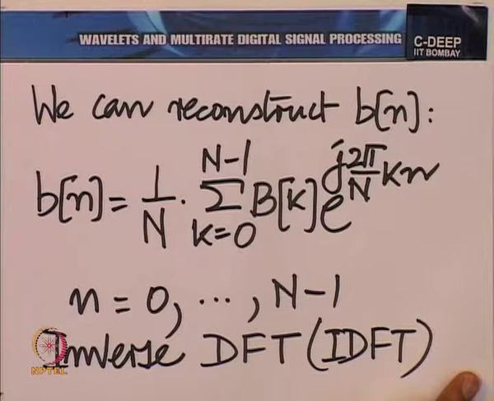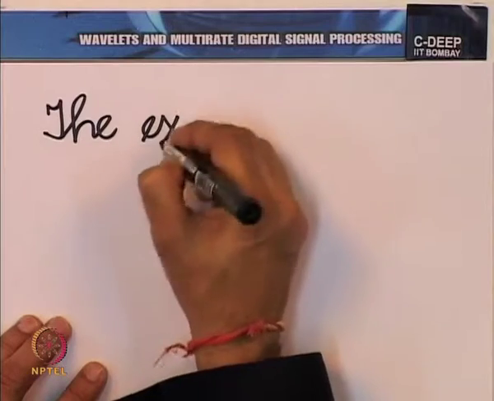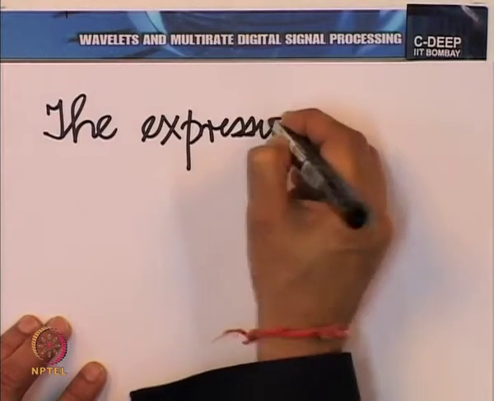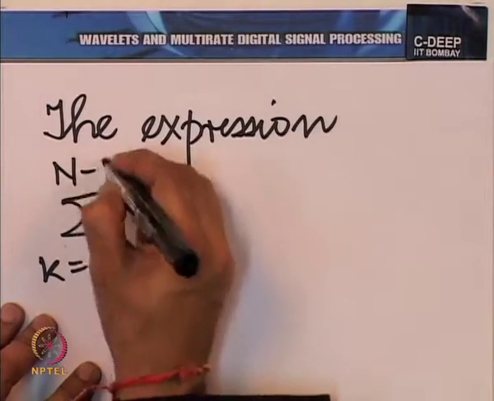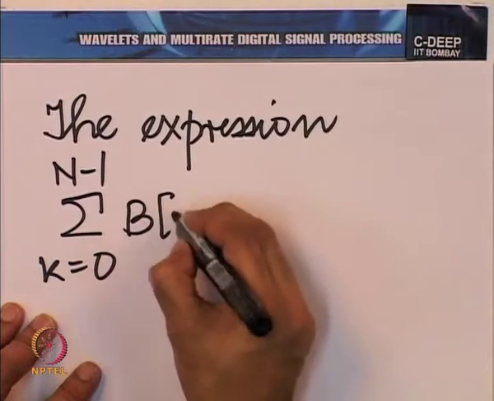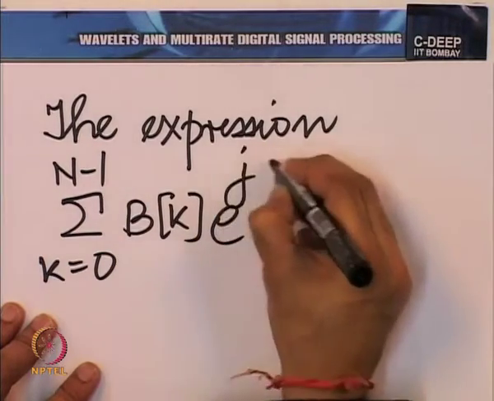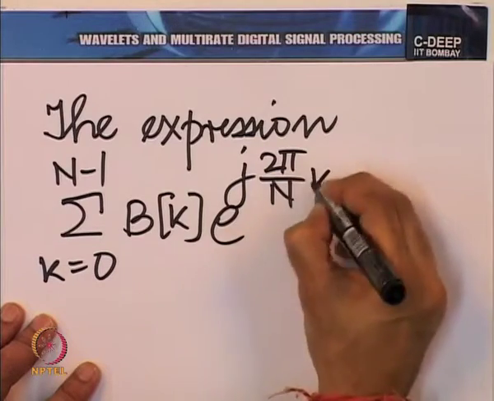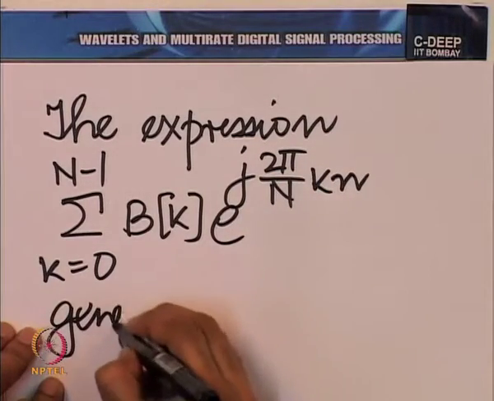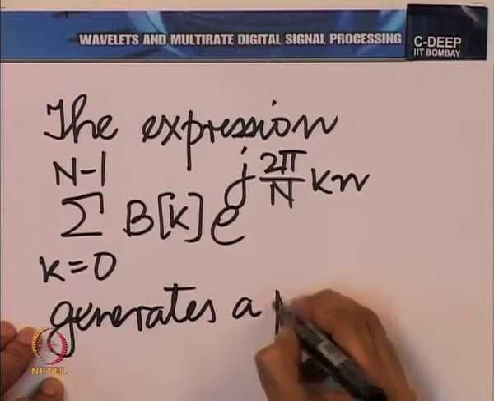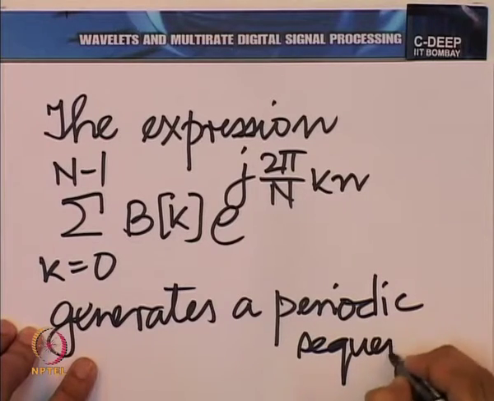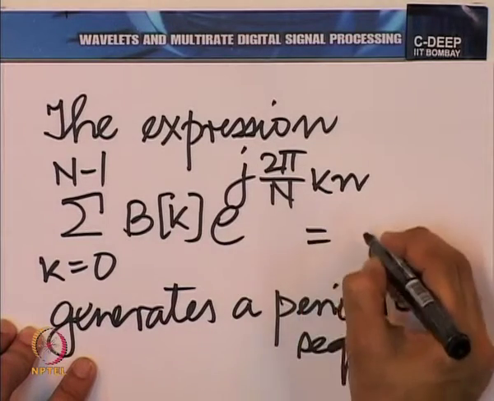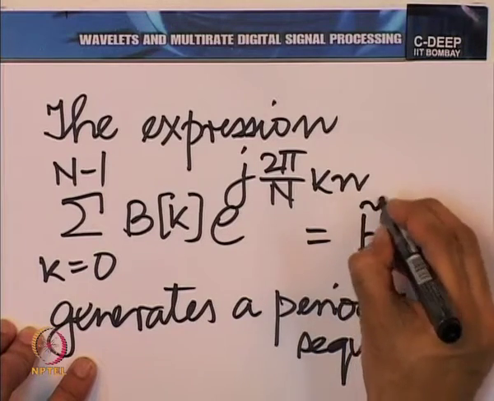Let me do that just for completeness. What I am saying is, the expression summation k going from 0 to capital N minus 1, capital B of k e raised to the power j 2 pi by N k n, generates a periodic sequence. Let us call this expression, as a function of n, B tilde n.